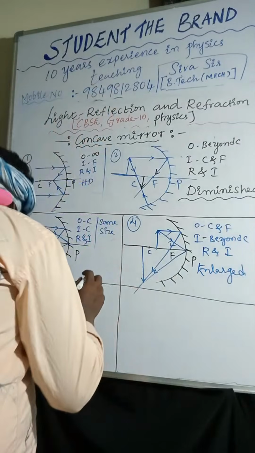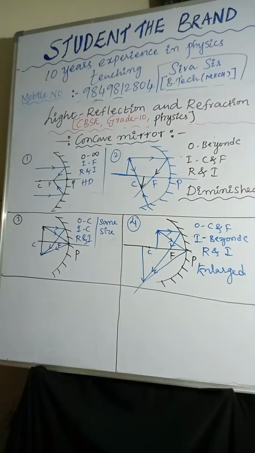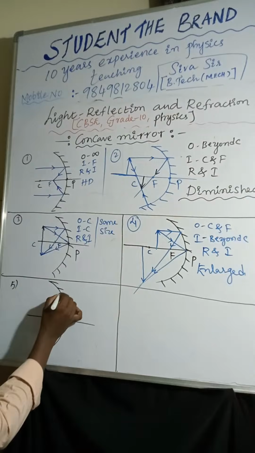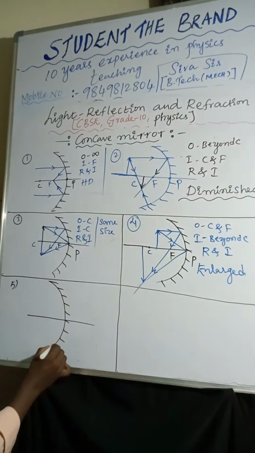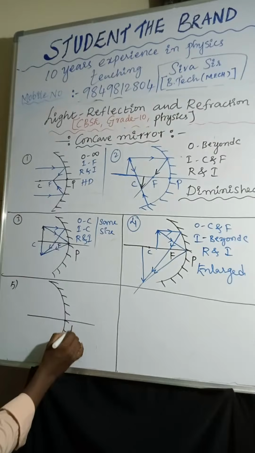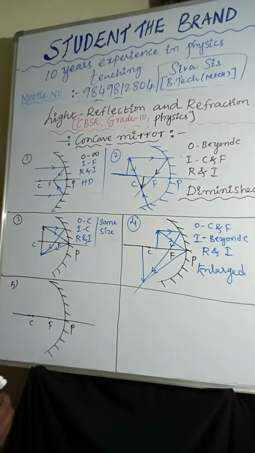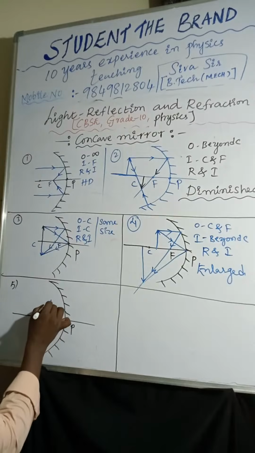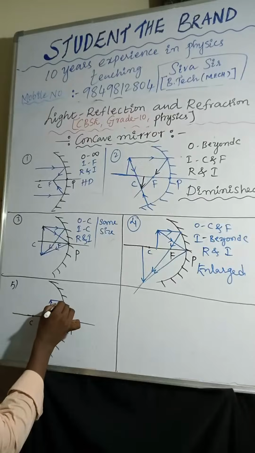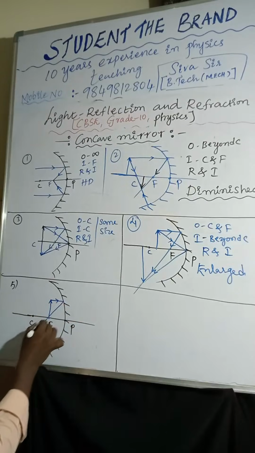Coming to the fifth one. Object is placed at F. Light I'm taking like this passes through focus.